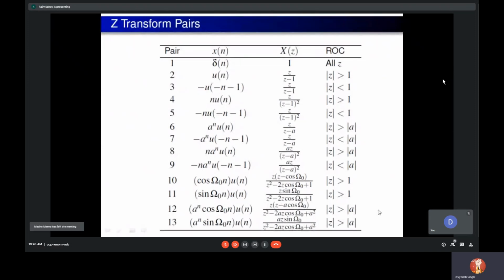These are some z transform pairs that we should know because we'll be using them in the problems. Each of these z transform analytical expressions comes with the ROC, so we should have an idea about the ROC.